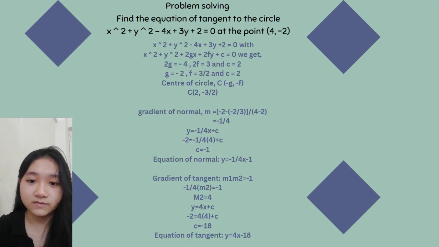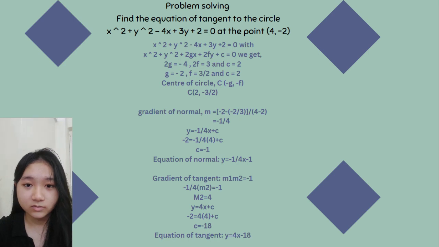Next, we will find the gradient of the tangent by using the formula m1 times m2 equals to negative 1. We substitute m1 equals to negative 1 over 4, we will get m2 equals to 4. Then we substitute y equals to negative 2, m equals to 4, x equals to 4, we will get c equals to negative 18. So the equation of the tangent is y equals to 4x minus 18.